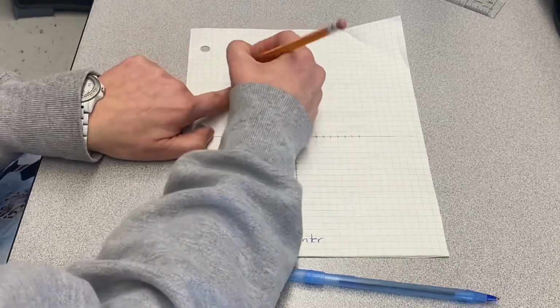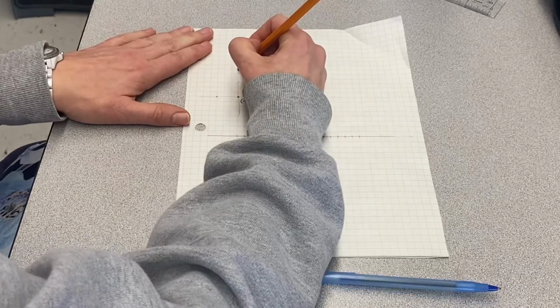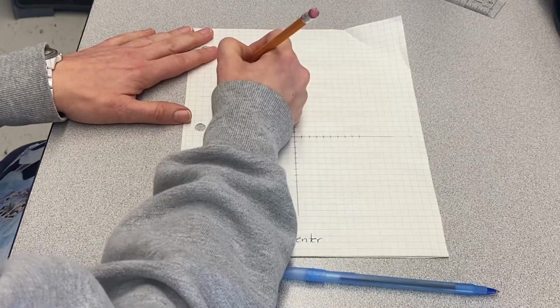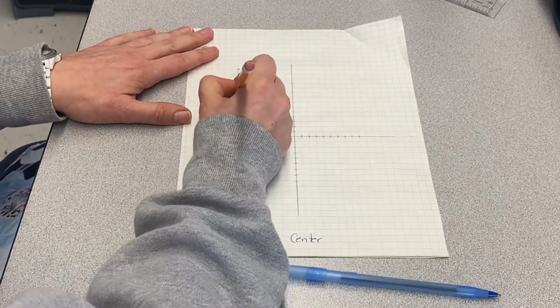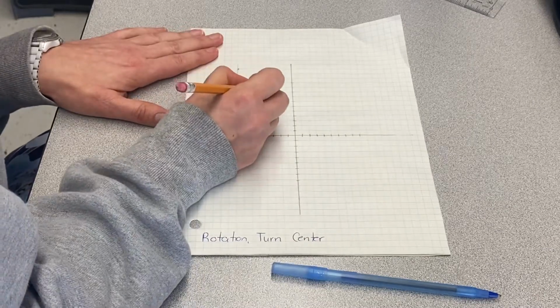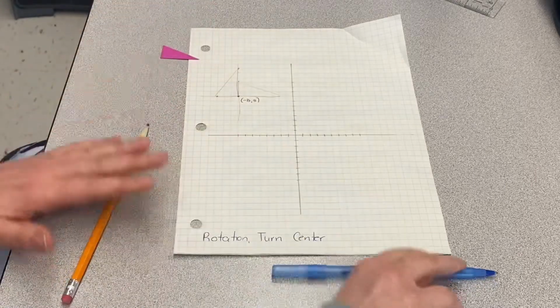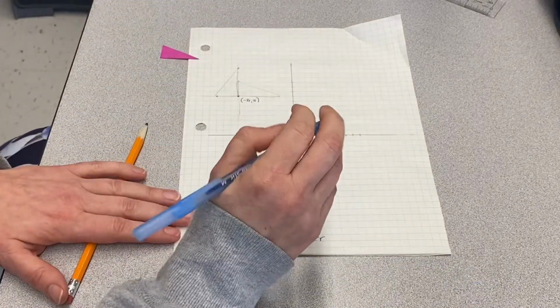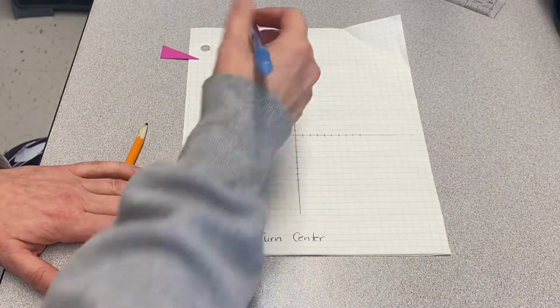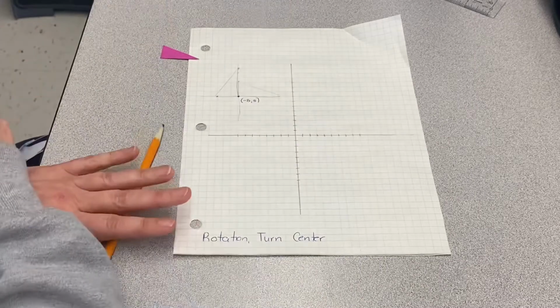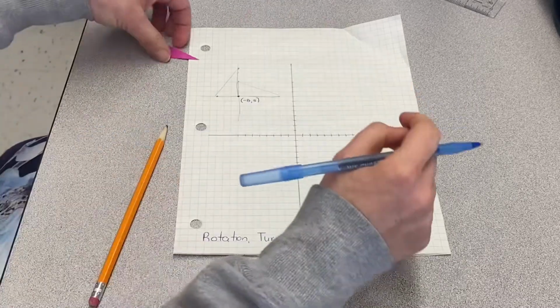So then I can draw my shape here. I have my original figure, and then image 1, which is a 90-degree clockwise rotation around turning point -8, 8, okay?